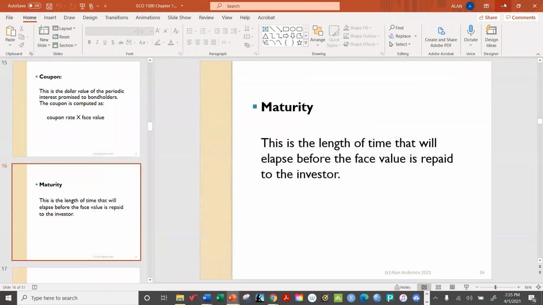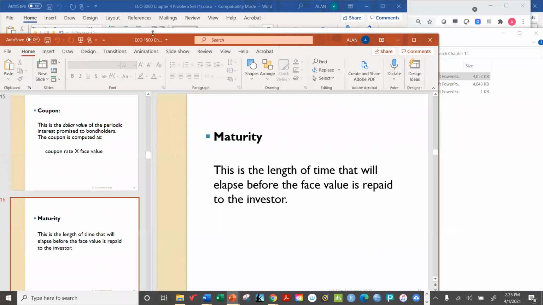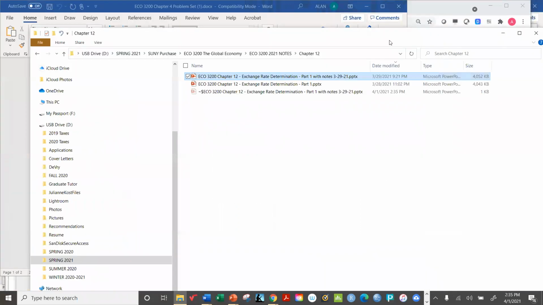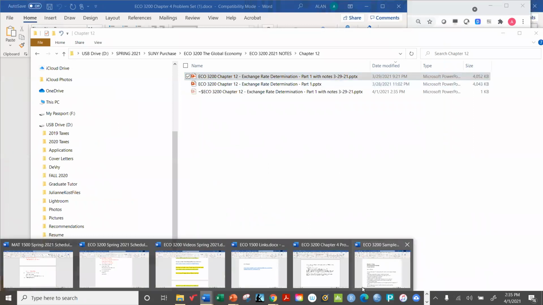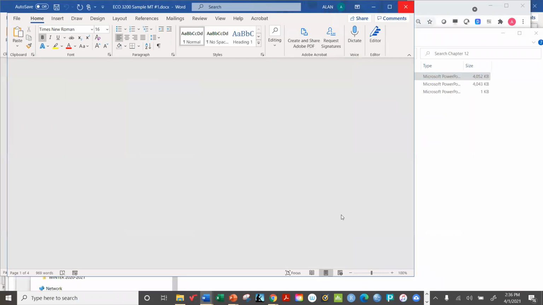But first, let's get to this problem set. First, let me get this closed. And yeah, let's take a look at this thing. Oh, no, not that one.